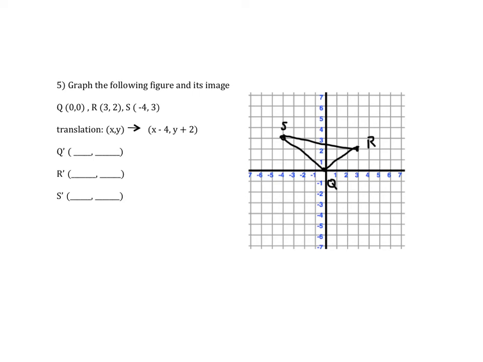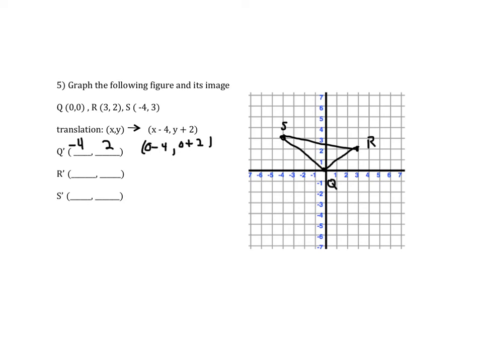So you can do it 2 different ways. You can plug your points in, like I can plug in 0 for my x value and do 0 - 4, and 0 for the y value and do 0 + 2, and that would give me -4, +2. So that's doing it algebraically using the rule, or you can follow the rule by counting on the graph.